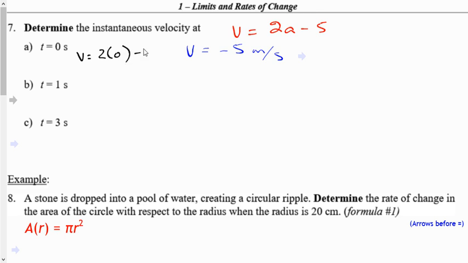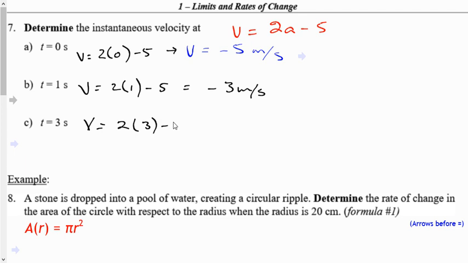For the next one, my velocity will be 2 times 1 minus 5, which is 2 minus 5, which will be negative 3 meters per second. For the next one, velocity is equal to 2 times 3 minus 5, and I get 6 minus 5 is 1 meter per second. Look how fast that was, finding each of those instantaneous velocities.